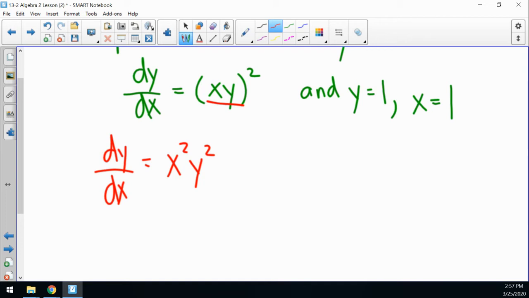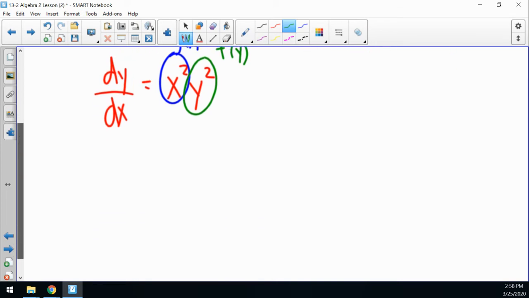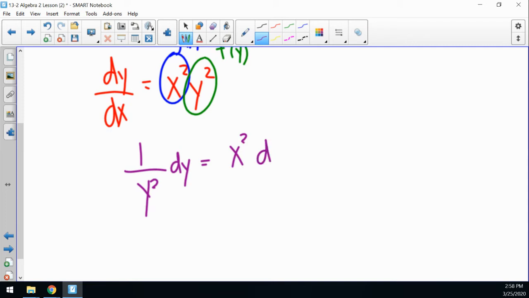And so if I say this right here is going to be like our g of x, and this right here is going to be like our f of y, I can go back to my separable form and write it like this: 1 over y squared dy is going to be equal to x squared dx.